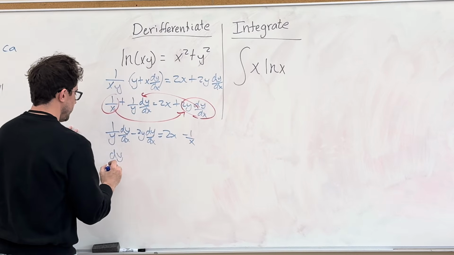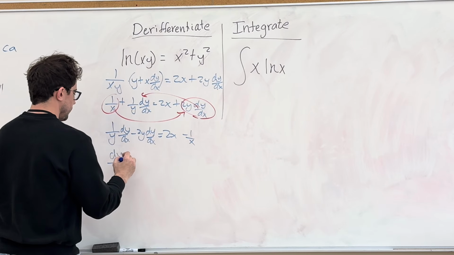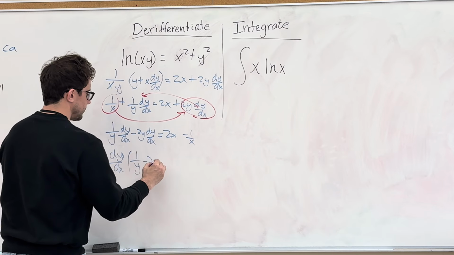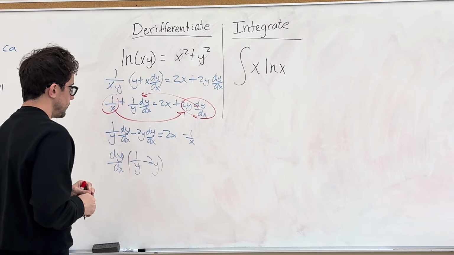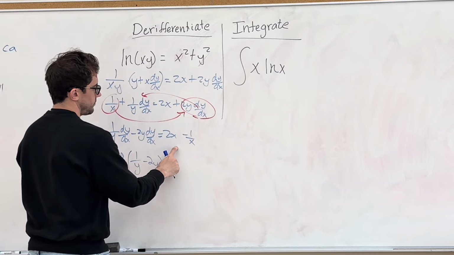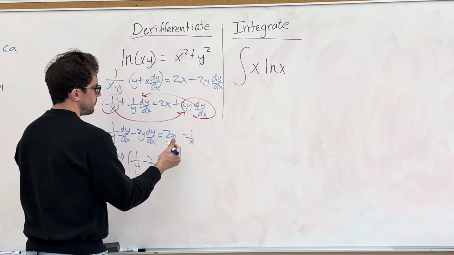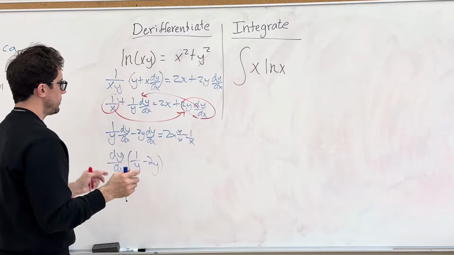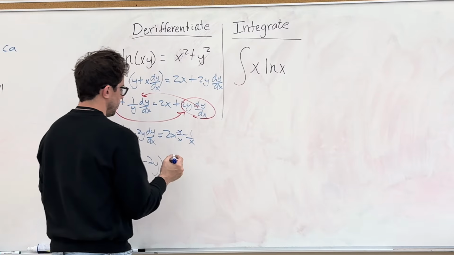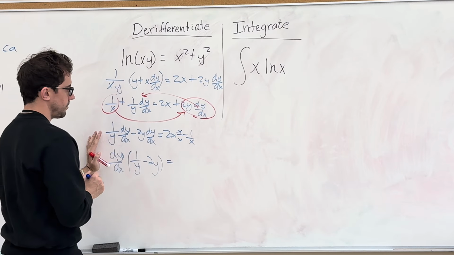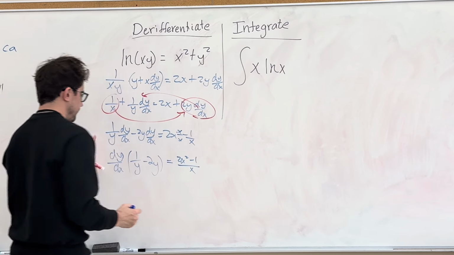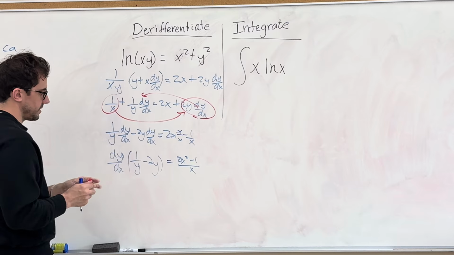So we have dy/dx times 1 over y minus 2y is equal to, we could multiply this by x over x to get the whole right-hand side onto one common denominator. So that'll be 2x squared minus 1 all over x. And then we're going to divide through by this bracket, right?